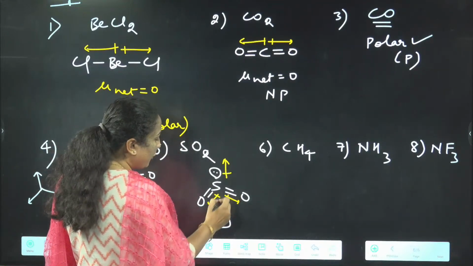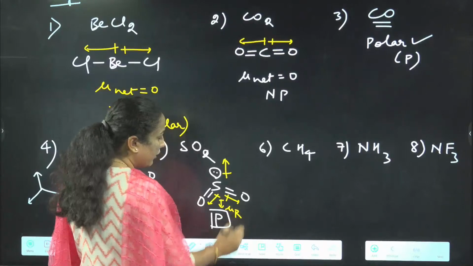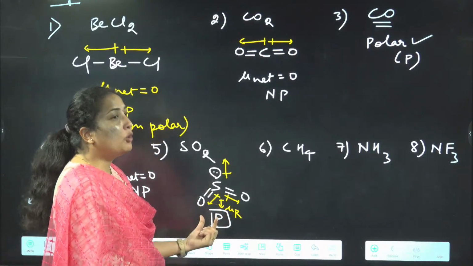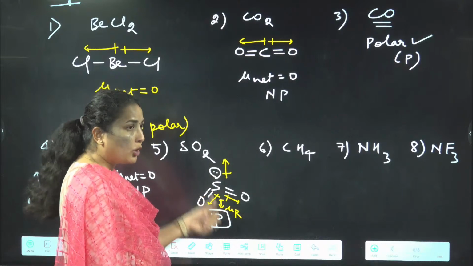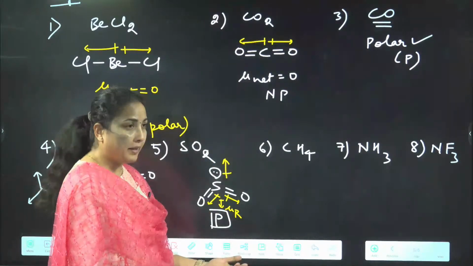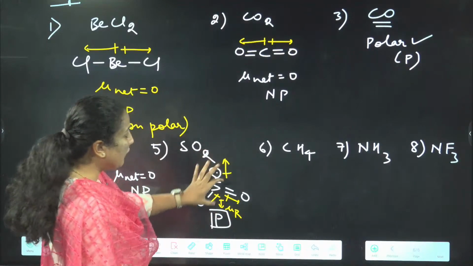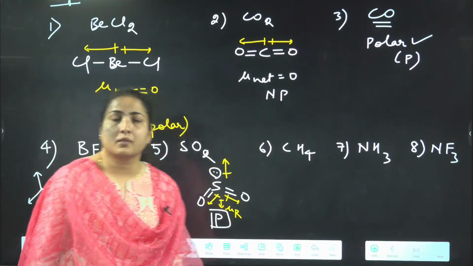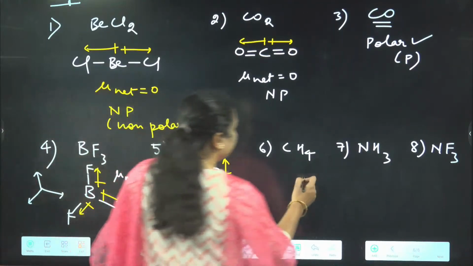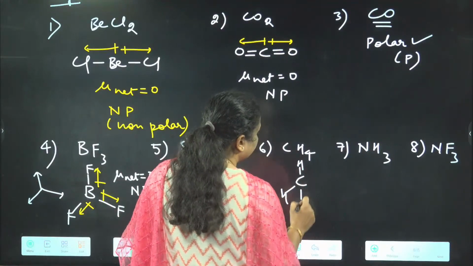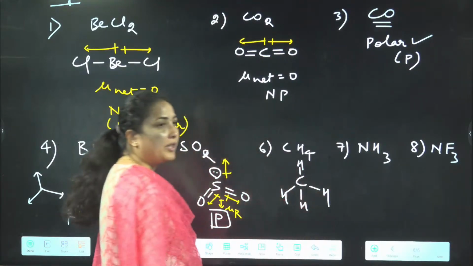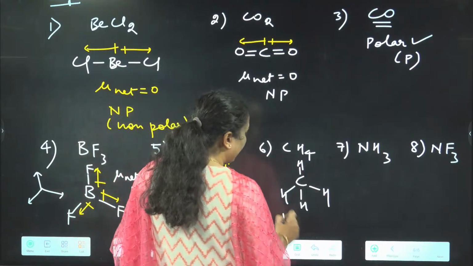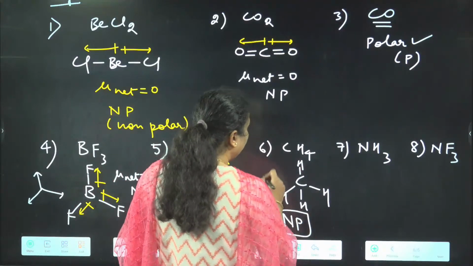So for both of them, there will be a certain net resultant of these two bond pairs. And always remember the dipole moment because of the bond pairs is not always going to be equal to the lone pair, right? So after cancellation also there will be a certain dipole moment existing. Are we getting it? Now in case of CH4, what are we having? A regular geometry, all the surrounding atoms the same, there is no lone pair, it is going to be non-polar. Mu net is 0.